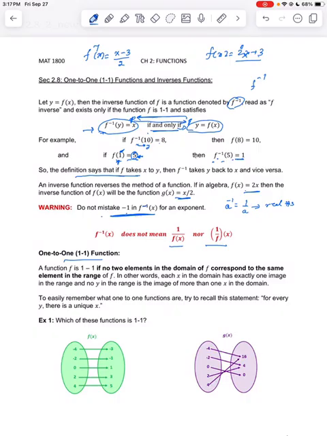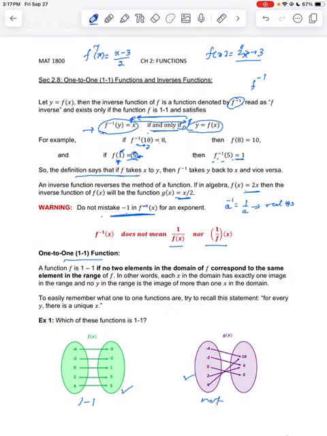So here is the definition. A function f is 1 to 1 if no two elements in the domain of f correspond to the same element in the range of f. If you recall, this is a function and this is also a function. Both are functions, but the first one we say is 1 to 1 and the second is not 1 to 1.